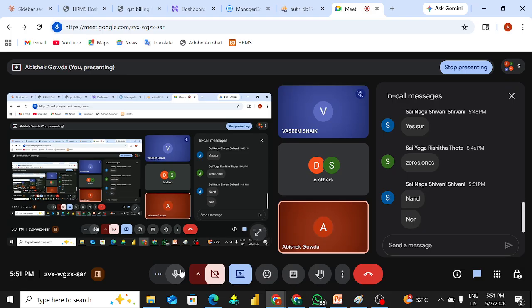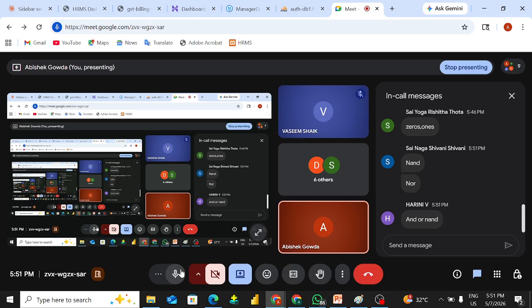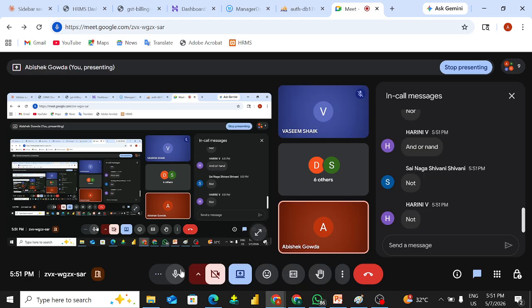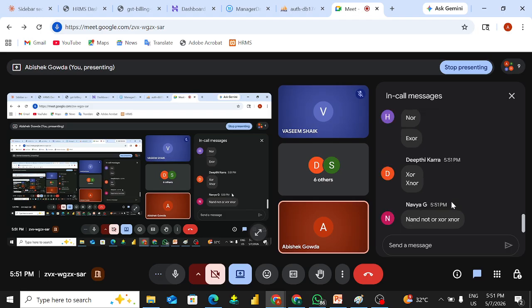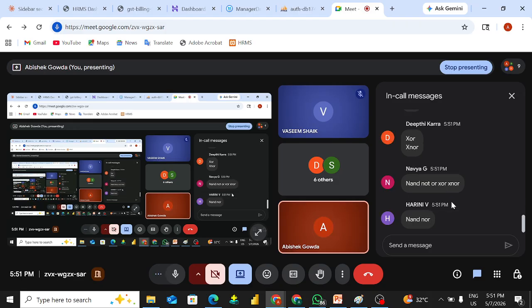Yeah, NAND, NOR, NOT, AND, OR, XOR. Has any of you heard about universal gates? Okay, we can come to universal gates later. Yeah, NAND and NOR, those are the universal gates.